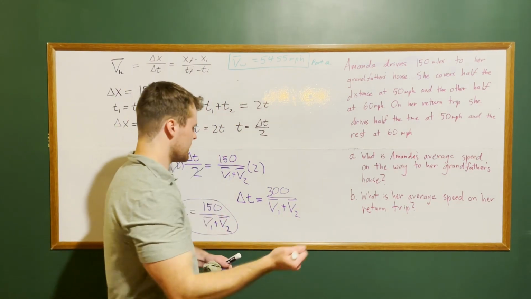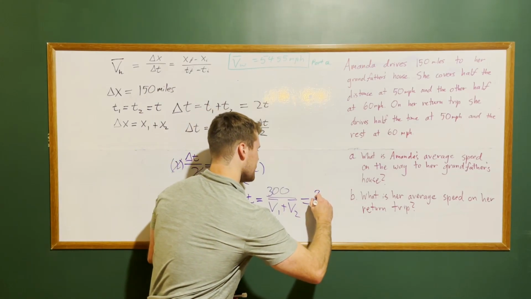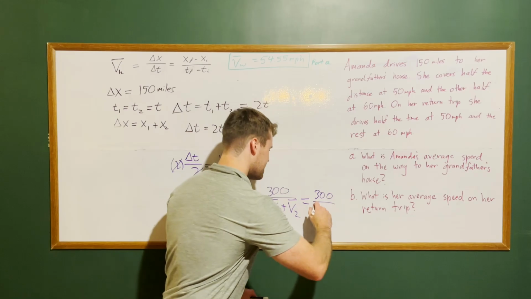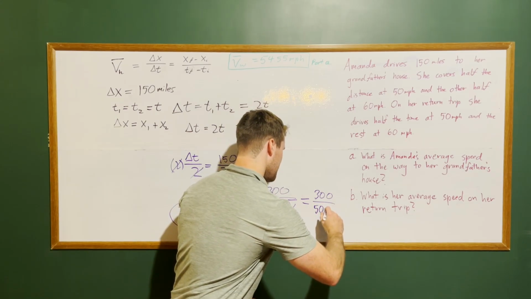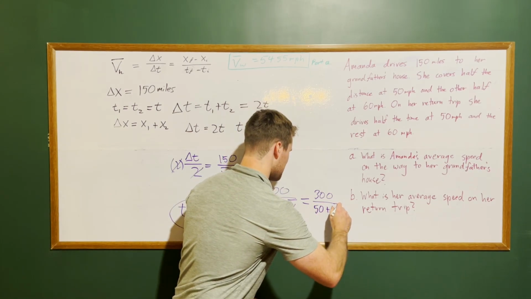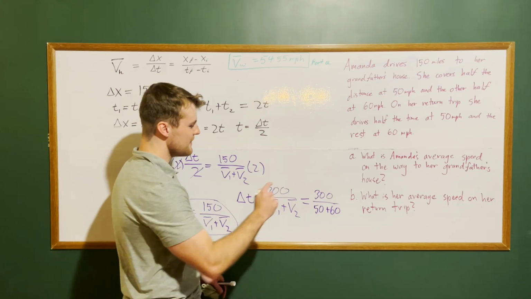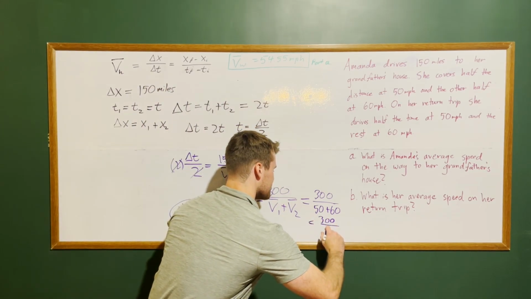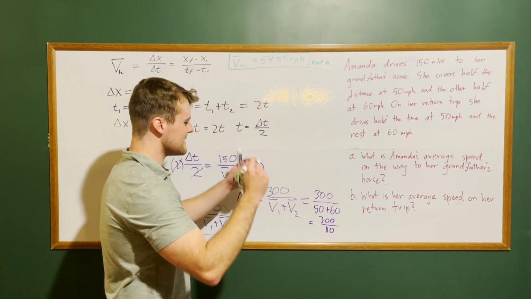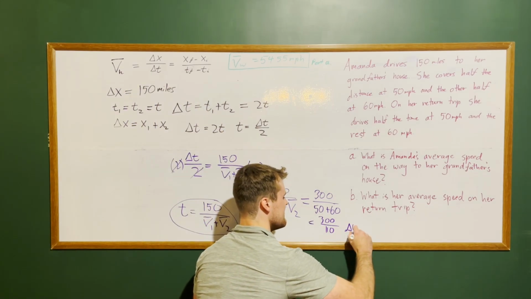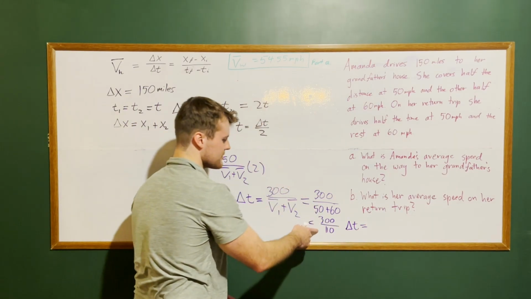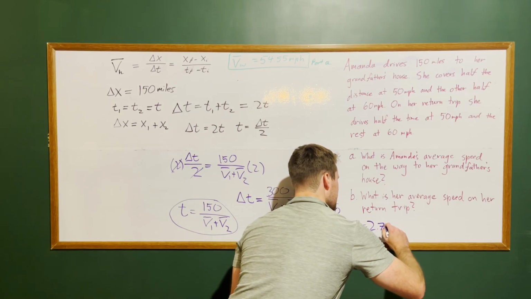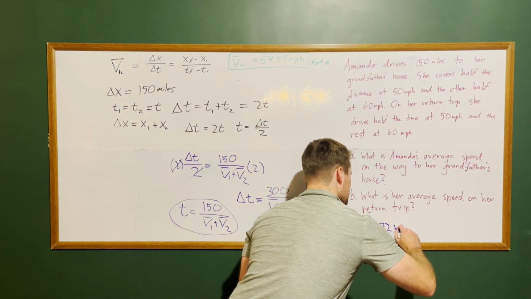Okay, so let's just plug in our numbers here. This equals 300 over v bar 1, which is 50 miles per hour, 50 plus 60, because v bar 2 is, of course, 60. And this ends up being 300 over 110, which is just 2.72 hours.